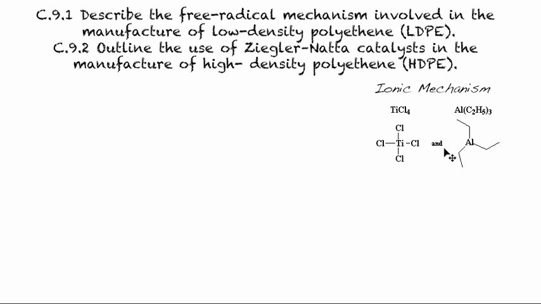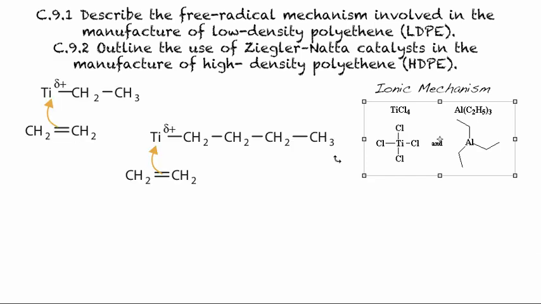Together, and again we're not going to look into the detail, this is a catalyst that is going to help make the HDPE. Again, polyethene, but we're just going to change how the branching happens, or doesn't happen in this case. So starting with an ethene here, and to simplify the diagram, the actual active site of the catalyst where this occurs is the titanium.